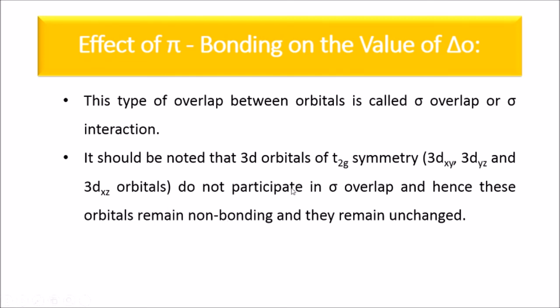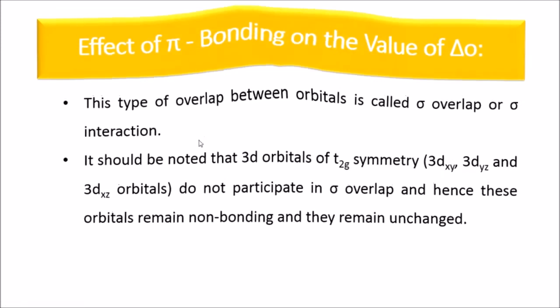So the energy of T2G symmetry in the MO diagram remains similar to the 3D orbital of free metal ion, and therefore it is considered as NBMO, non-bonding molecular orbital.